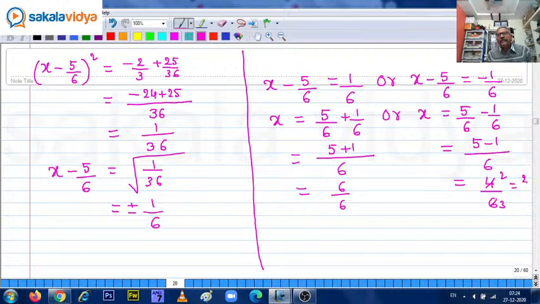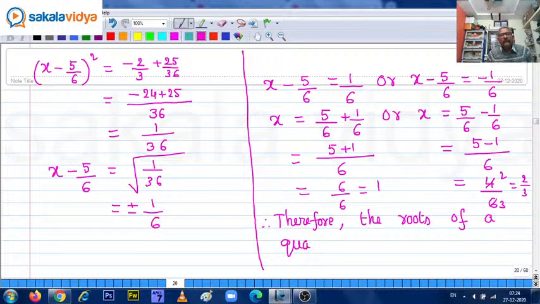This will be 2 upon 3. 6 by 6 is 1. Therefore, the roots of a quadratic equation are 1 and 2 by 3. That's all.